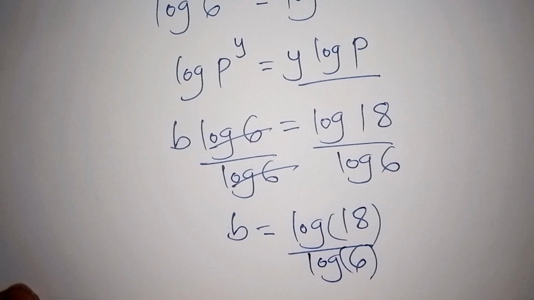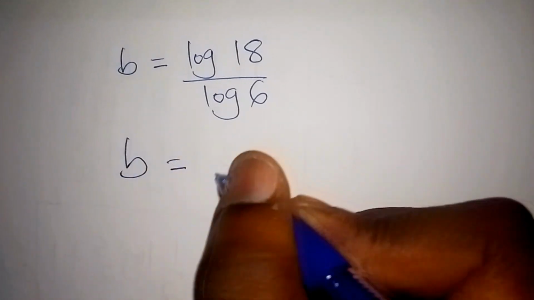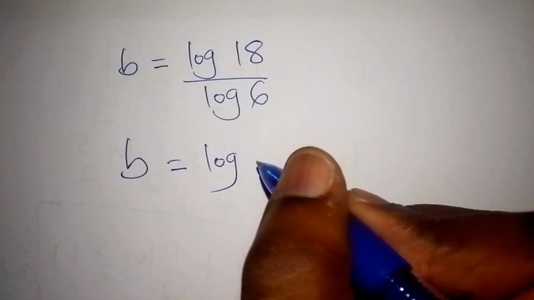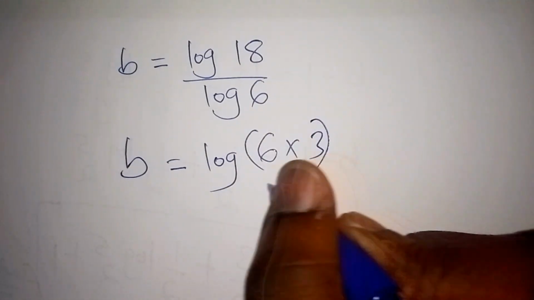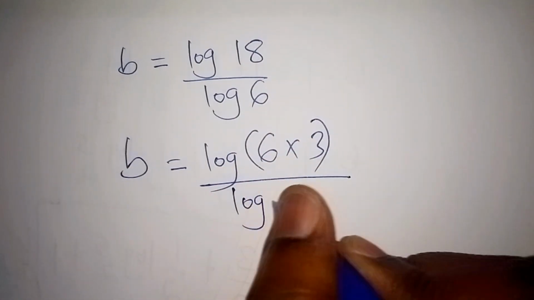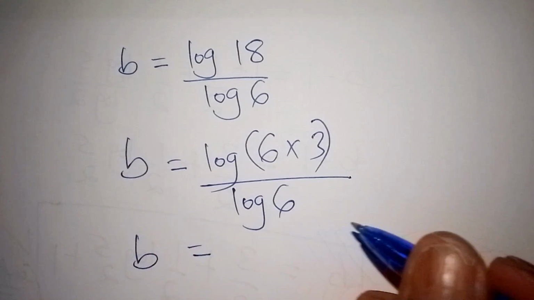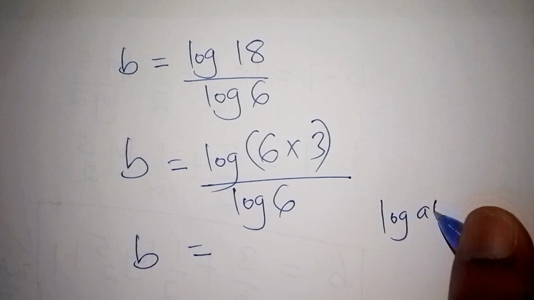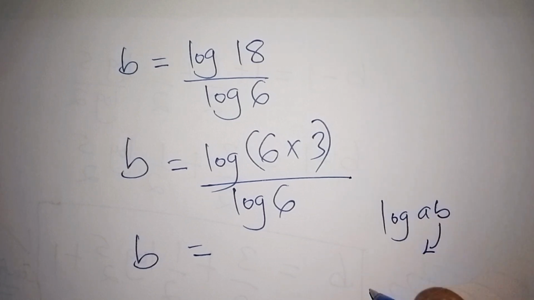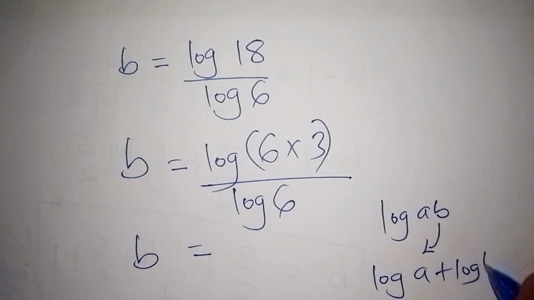So let's still proceed by having our answer as, so now our value for b will be, the log of 18 can also be written as the log of 6 multiplied by 3, then all over the log of 6. So our value for b now shall be equal to, suppose we have something like the log of ab, this one can also be written as the log of a plus the log of b.